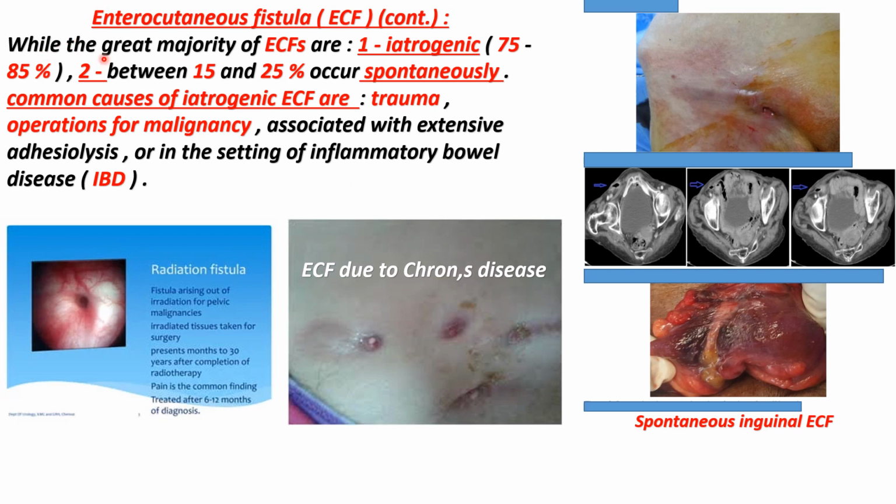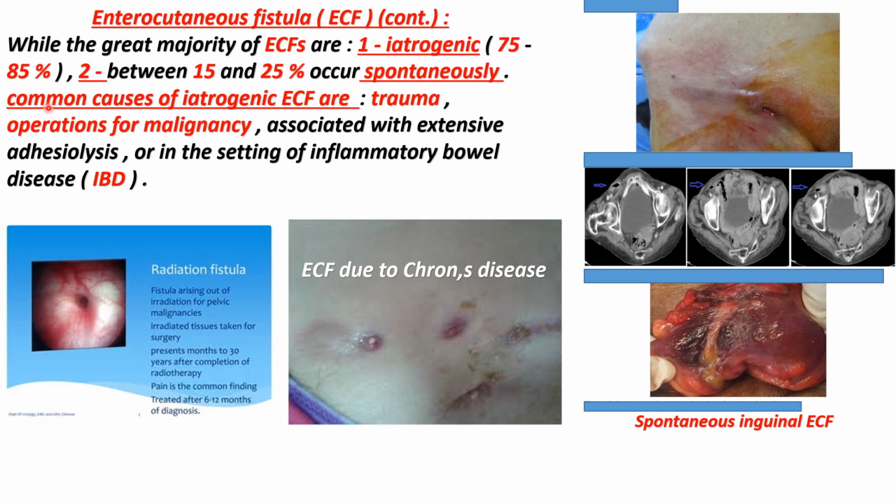While the great majority of enterocutaneous fistulas are iatrogenic, 75 to 85%, between 15 and 25% occur spontaneously.